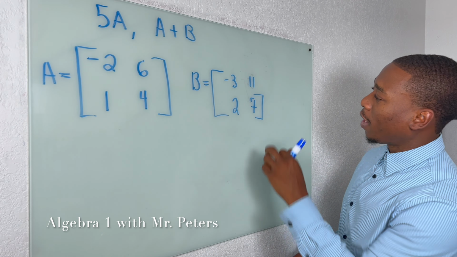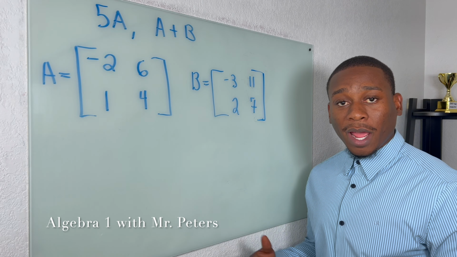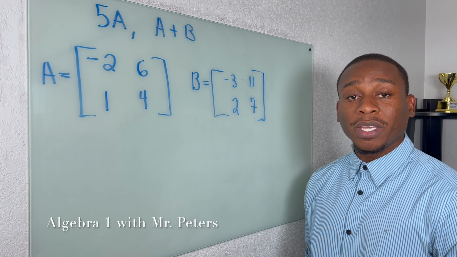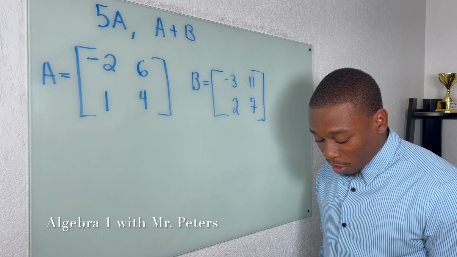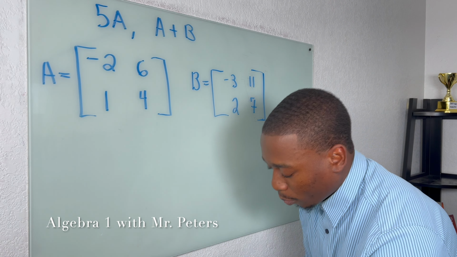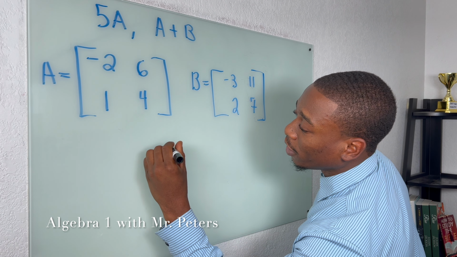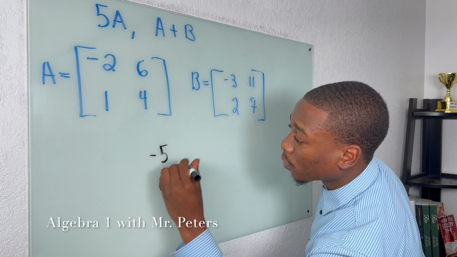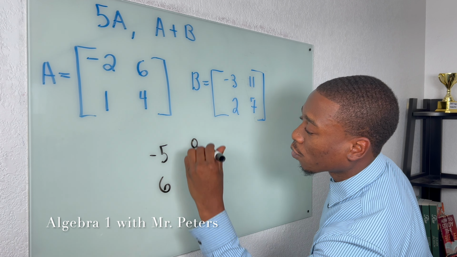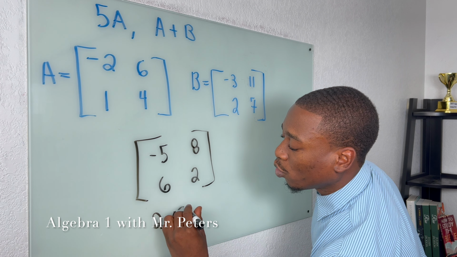Now, let's say that they wanted us to add matrices together. First, what we have to understand, guys, is that the dimensions have to be the same. And I'm going to give you a perfect example of what I mean. So before we solve this one, let's say we had a different matrix where they wanted us to add these two. Let's write it out first. All right. So right here, we have a 2 by 2 matrix.